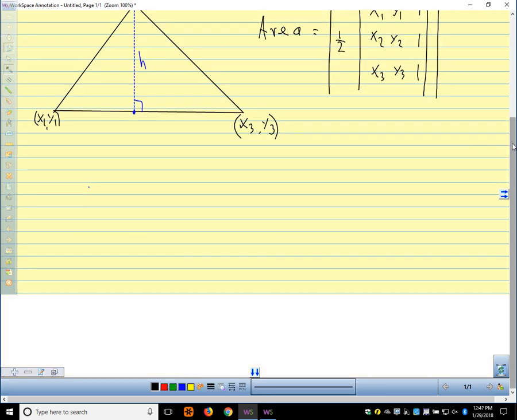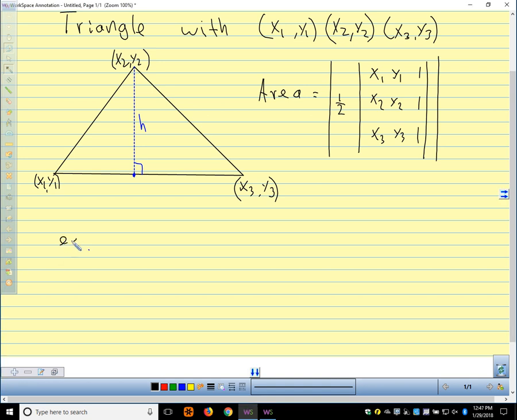So let's look at a quick example. Let's say we have a triangle with vertices 1, -1, 2, 3, and 5, -3.